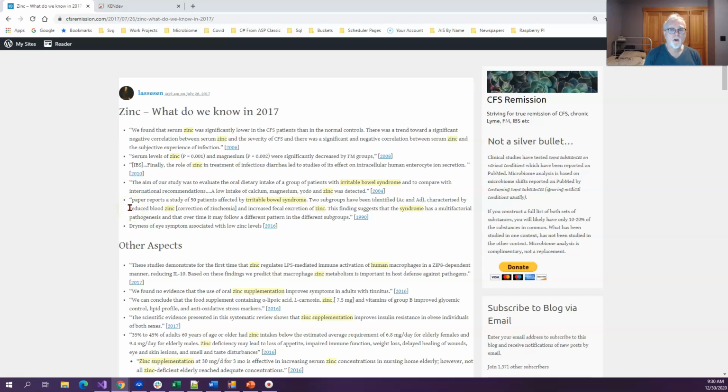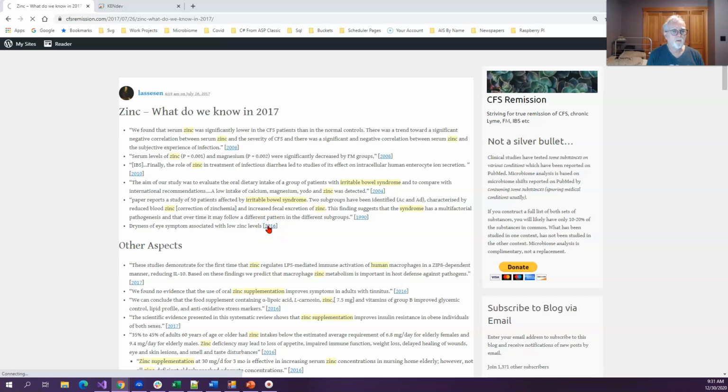Most of my pages are not verbal commentary. It is trying to find the best quote from a specific study and literally quote verbatim, word for word, so that my own personal spin or bias is minimized. Followed by a link to the study. For example, here, dryness of eye symptoms associated with low zinc level.